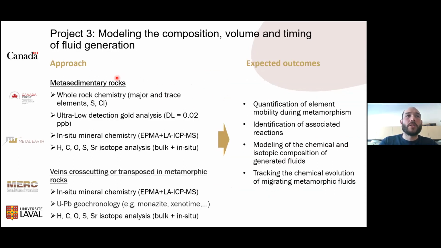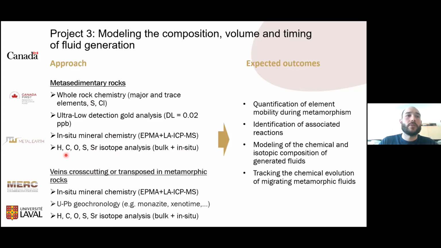The approach is really focusing on the metasedimentary rocks, involving whole-rock chemistry, but also ultra-low detection limit gold analysis. But we can also think about other metals or other elements, not only gold. Doing in situ mineral chemistry using the probe and the laser, and involving a lot of stable and radiogenic isotopes, both in bulk and in situ analysis.